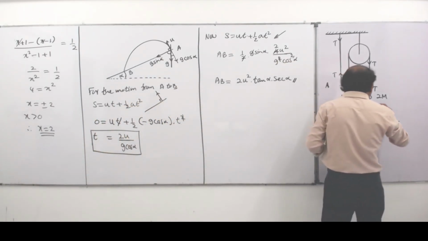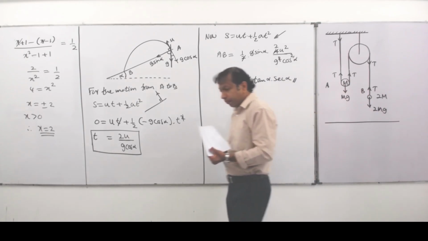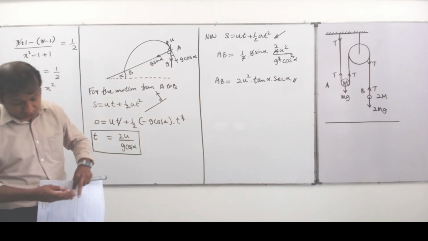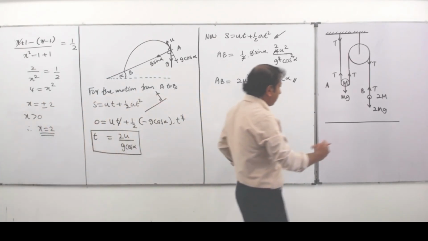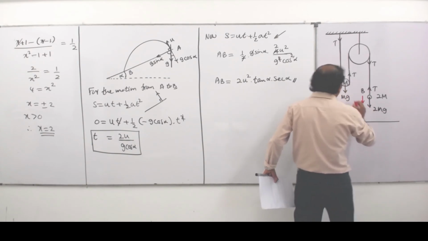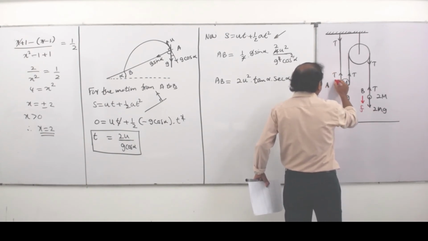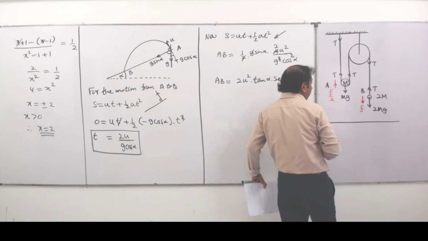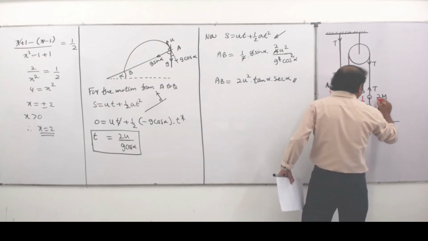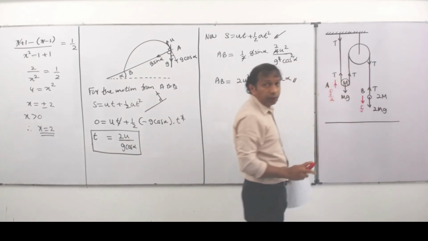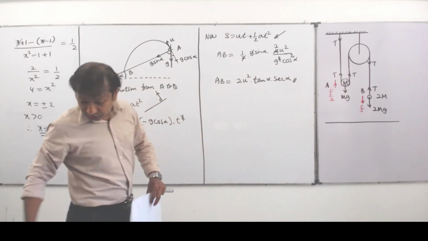Now I take the acceleration of this as f downward. Then here the acceleration is f by 2 upwards, right? At one occasion if the velocity of this is v, this is v by 2. Okay, right. Now we'll write first the equations.